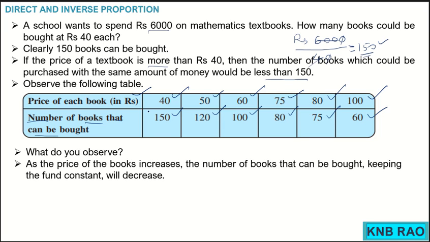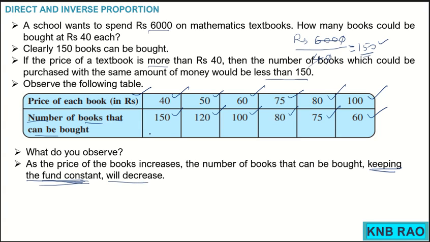As the price of books increases, keeping the available fund of rupees 6,000 constant, which is very important here, the number of books purchased will decrease.